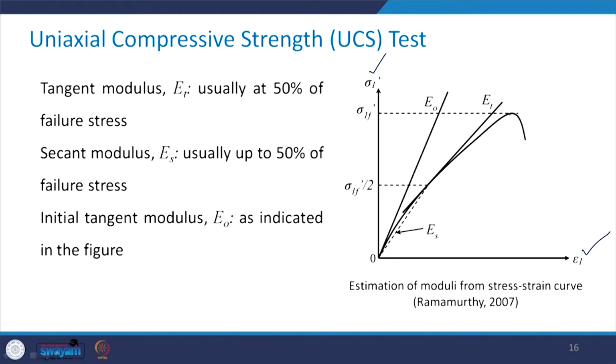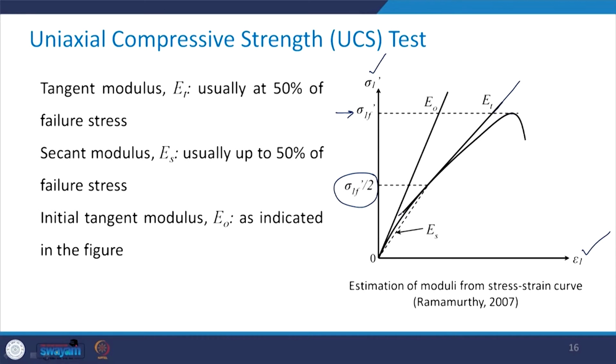This is your peak. At the failure, whatever is the stress, we are writing here as sigma 1f prime. Take half of this sigma 1f prime, which is sigma 1f upon 2, take this point, draw a horizontal line along this, and wherever that meets this curve, you draw a tangent at that point.